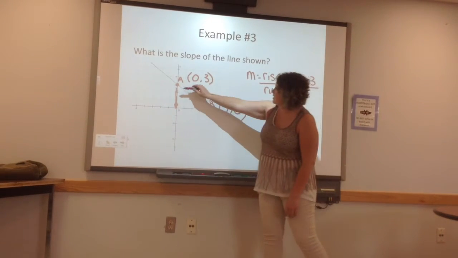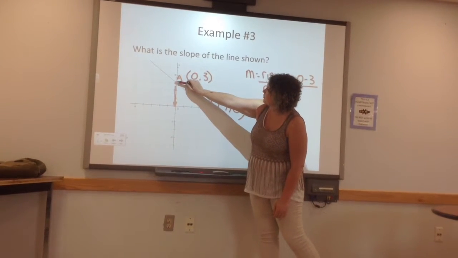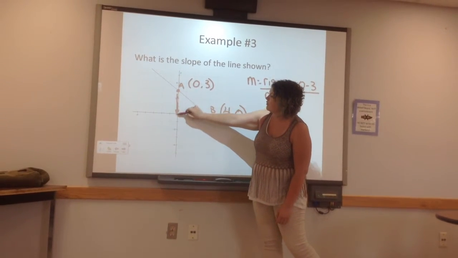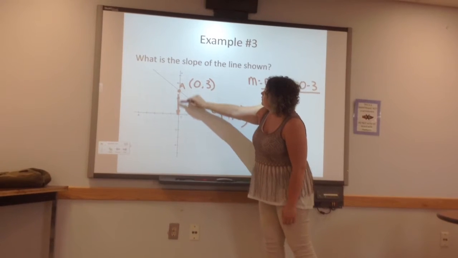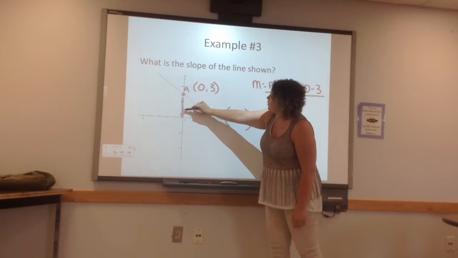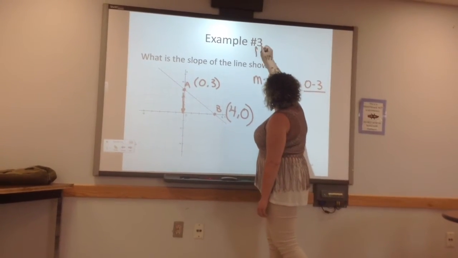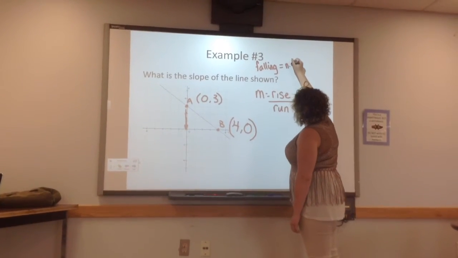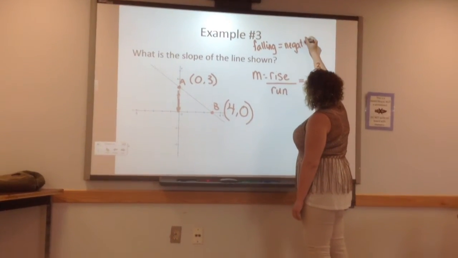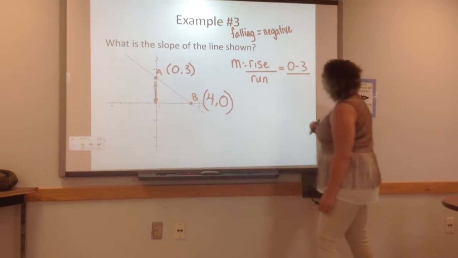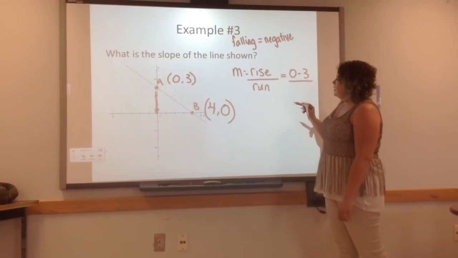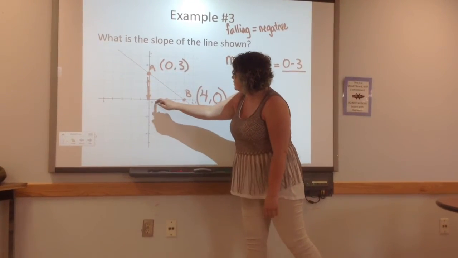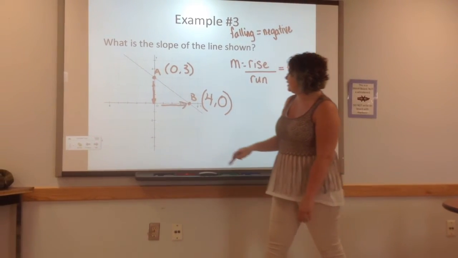We could also think of it as, from A, we would have to go from here to here. And we're falling 3 steps, 1, 2, 3. So if we're falling, then that also is going to give us a negative number. All right, and the run, we're still moving in the positive direction here.